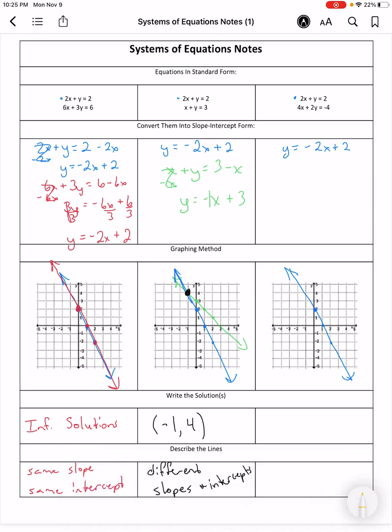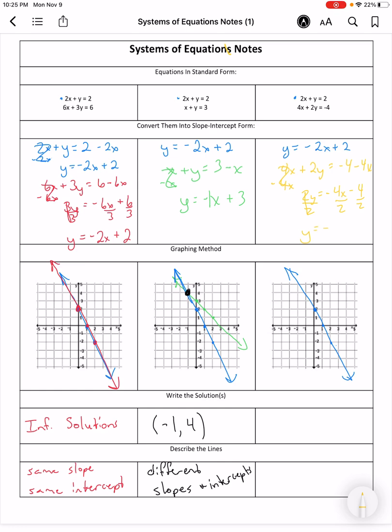Our second problem says 4x plus 2y equals negative 4. Again, we want to move x. So now I have 2y equals negative 4x minus 4. When I rewrite it, I'm going to divide all the parts again by 2 because I've got to get y by itself.